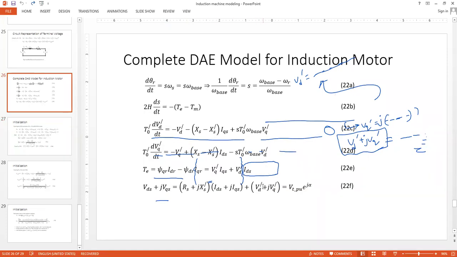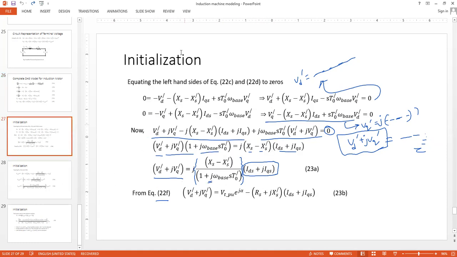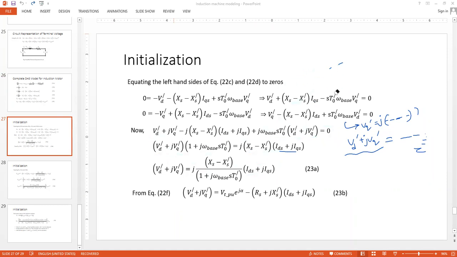Simply you take this and bring everything else to the other side. So it would be VT per unit exponential J alpha minus this. So that would be your VD dash plus JVQ dash. So in that manner, you can get 2 different expressions for VD dash plus JVQ dash, one in 23A, another one from 23B. Once you get 2 different expressions for the same thing, then you can equate them.